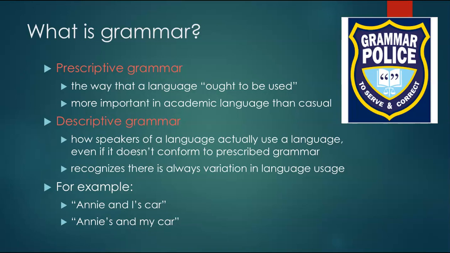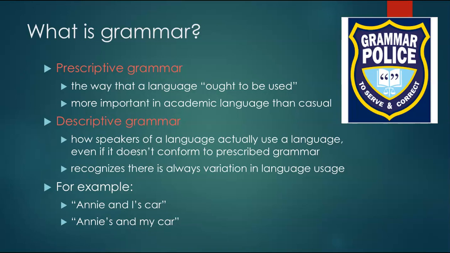A descriptive grammarian would say, well, sure, it doesn't follow the rules per se, but we understand what's being communicated here. Whereas the prescriptive grammarian would say, no, it just should not be phrased that way.